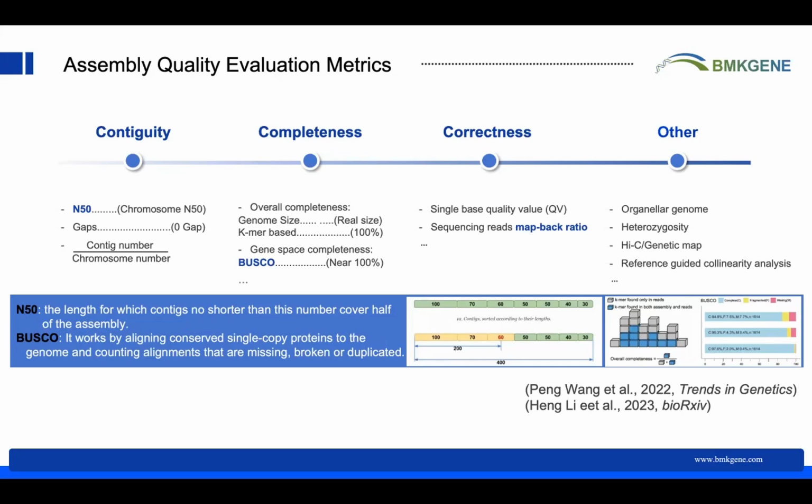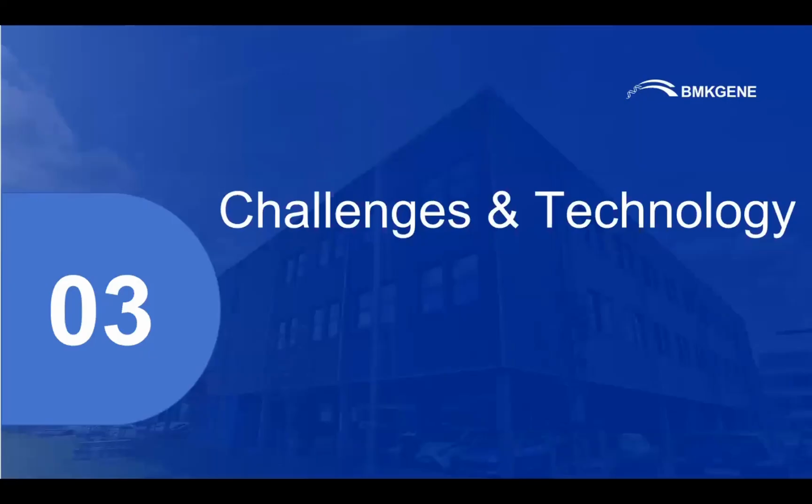If your assembled species has a reference genome before, or some related species has a reference genome, then we can use the assembled genome to do the collinearity analysis with the published reference genome to see if they have a very good collinearity rate. If it's a very high collinearity rate, then we would say that the assembly is good. So this is this part.